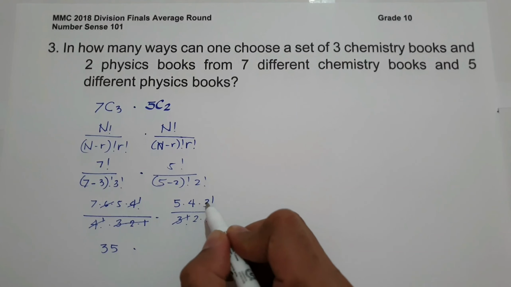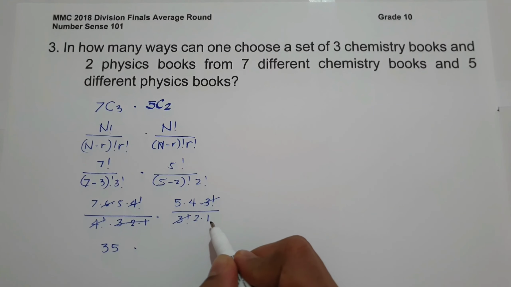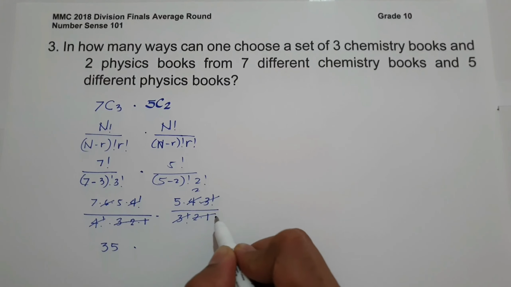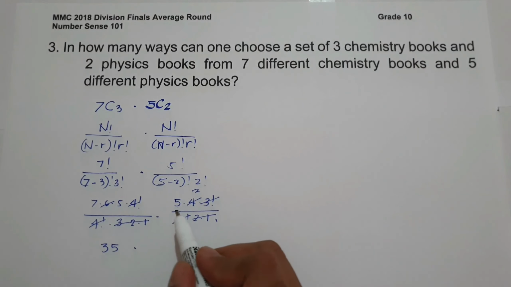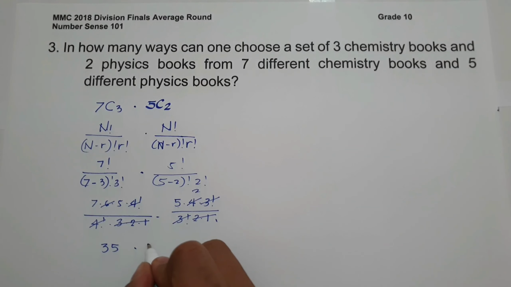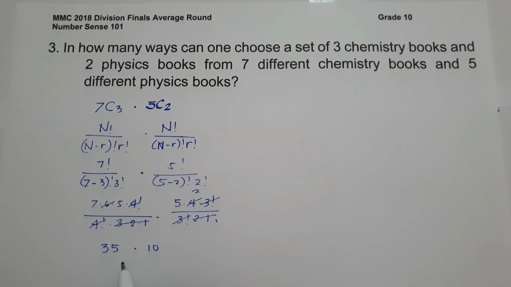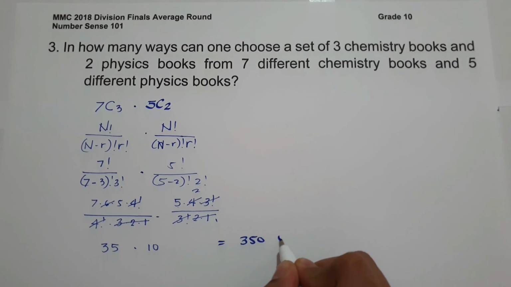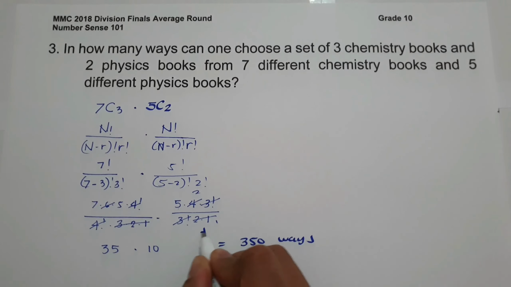So 3 factorial can be cancelled, and 2 times 1 is 2. We can cancel by 4, so 4 becomes 2, and this becomes 1. So 5 times 2 is 10, divided by 1, that is 10. Therefore, 35 times 10 is 350 ways. So this will be our answer.